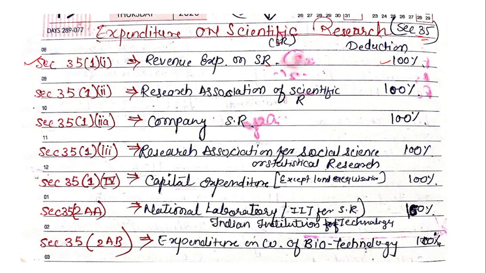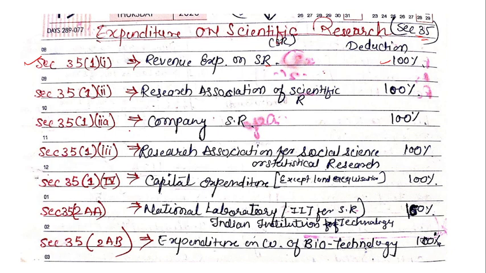Let's take a look at the other sections, because it's also important from the exam point of view. Over here you can see section 35(1) subsection 2, research association for scientific research. Section 35(1) subsection 2A is for a company.